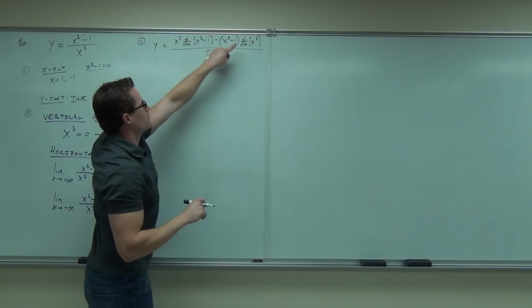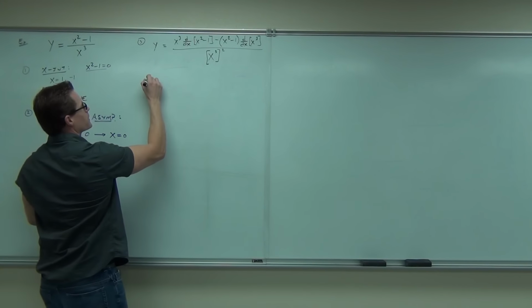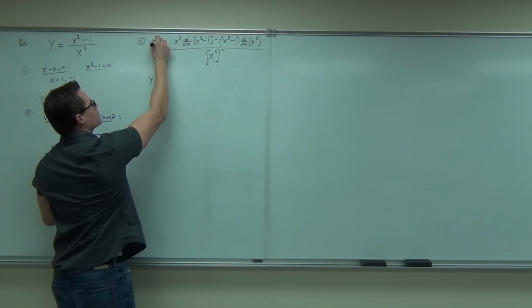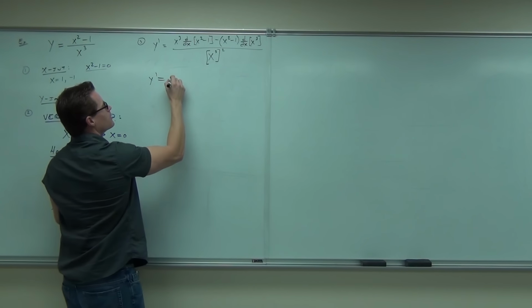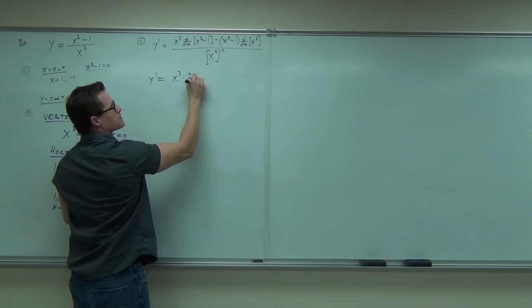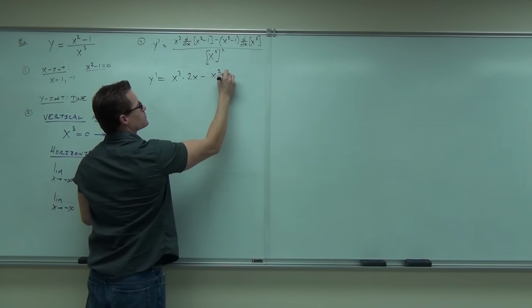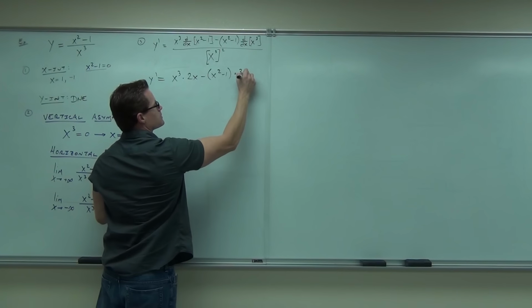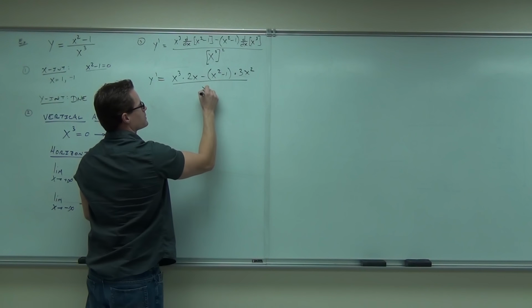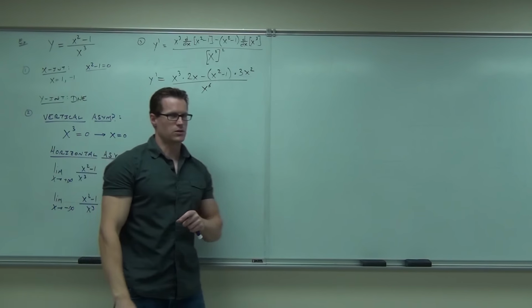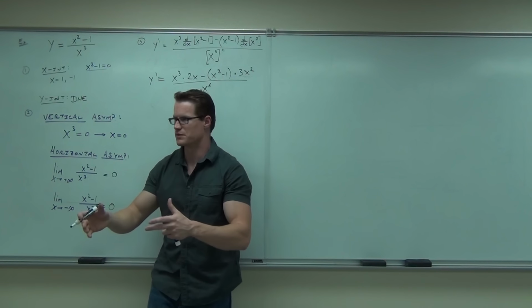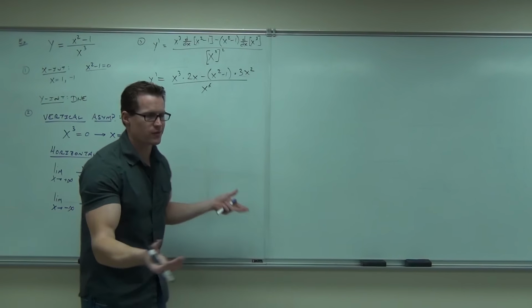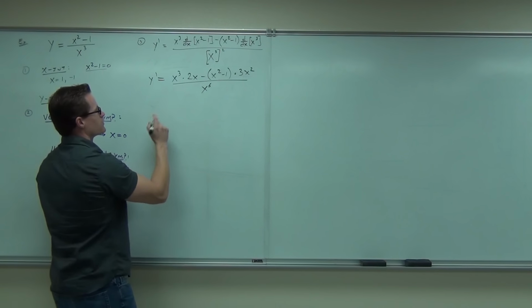Low D high minus high D low, square the bottom, and we're okay to go. x cubed times 2x minus x squared minus 1 times 3x squared, all over x to the 6th. Yes, no? Okay, so basic derivatives actually. What you do with them later kind of sucks, but basic derivatives so far.